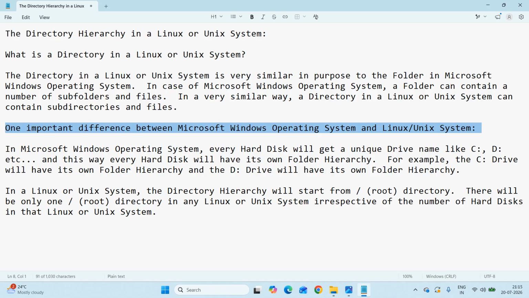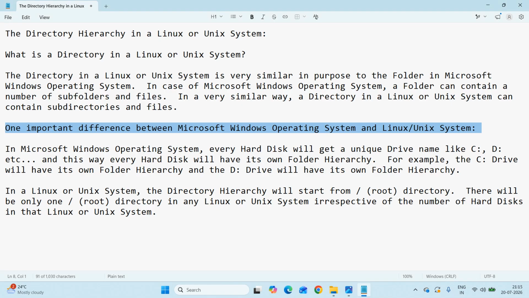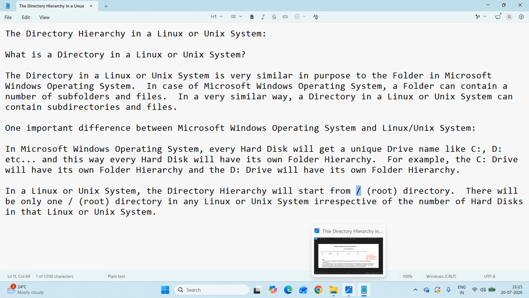All right. Now, in order to explain this in a little more detail, I have this Paint document where I have shown the directory hierarchy in Linux and Unix systems like this, people. I have already told you that the root directory is at the top of the directory hierarchy. That is what is indicated with a forward slash.